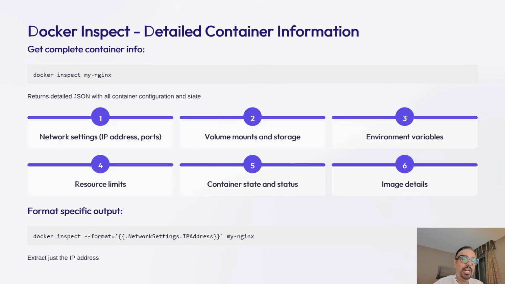We are talking about network settings, including the container IP addresses and the port mappings, volume mounts showing where the data is stored, all environment variables that have been created, resource limits if you have set any, and the current state of the container. This information is invaluable when you're going to troubleshoot network issues, verify configurations, or understand how the container has been configured.